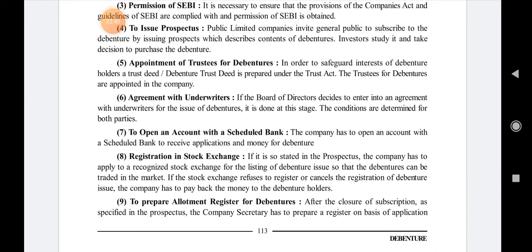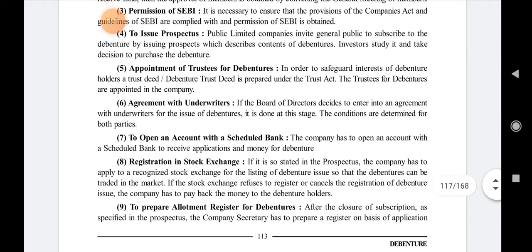Next one is the agreement with underwriters. The board of directors decide to enter into an agreement with underwriters for the issue of debenture. It is done at this stage. Means agreement should be given.